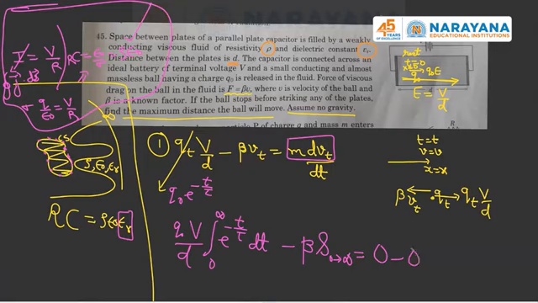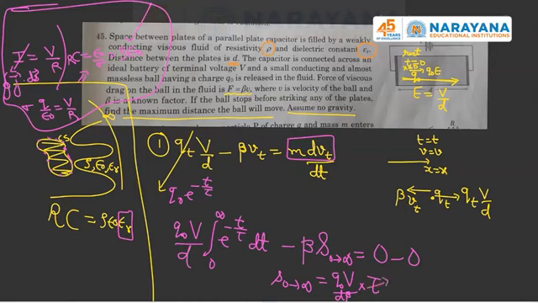So my S from 0 to infinity comes out as, it is Q naught, initial charge Q naught, into voltage upon d beta multiplied by e raised to the power minus t by tau dt. So that is RC, simply. That value is tau.